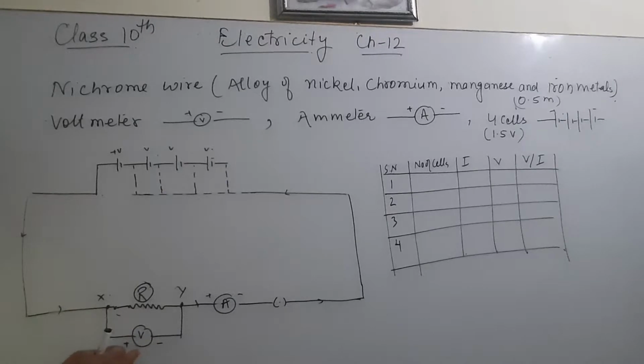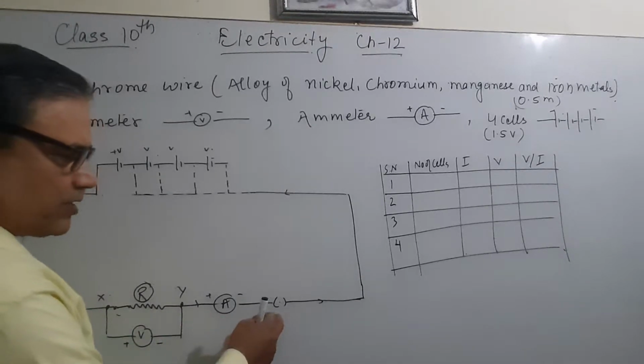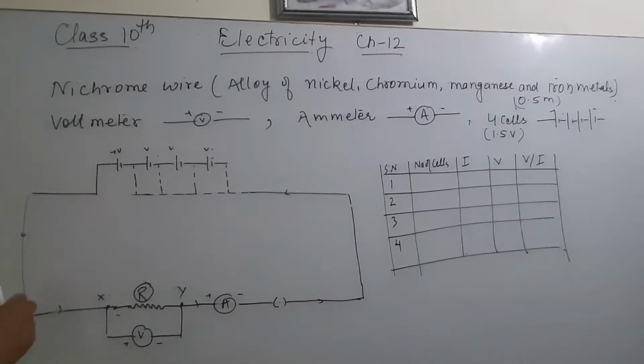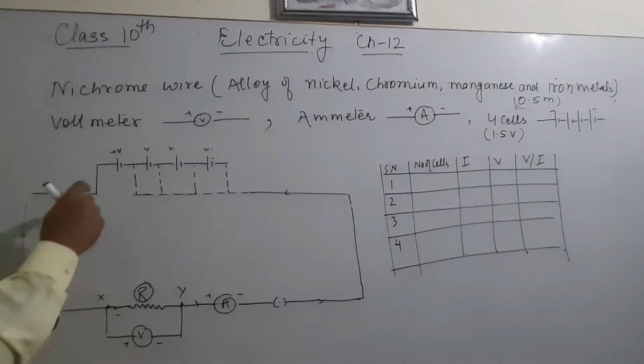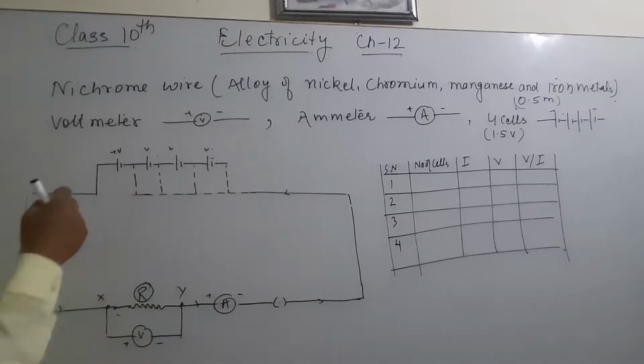This voltmeter is used to measure the potential difference, and it is connected in parallel. And this is the switch, which allows the electric current to pass, and this line is the conductor, a metallic wire. And here are the 1, 2, 3, 4 cells, and the capacity of one cell is 1.5 volt.